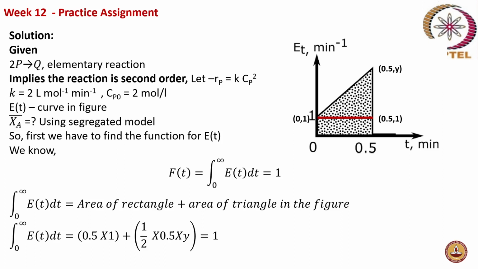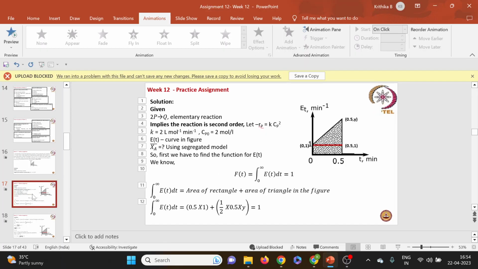And we know that the total value is equal to 1, because the integral from 0 to infinity of E of t dt is equal to 1. So that is equal to the area of rectangle, base into height, 0.5 into 1, plus the area of triangle, half into base into height. Half into base is 0.5 again, and the height we do not know.